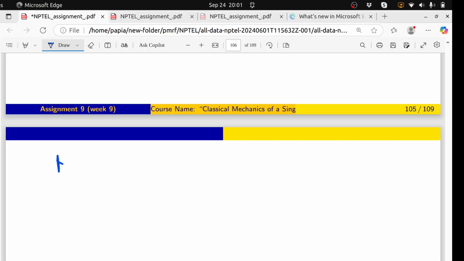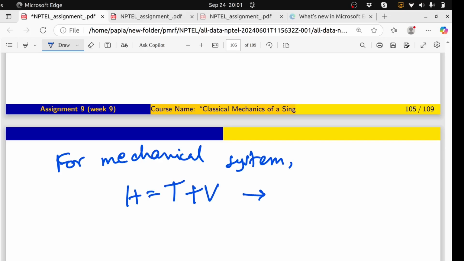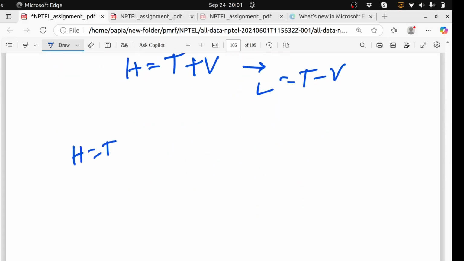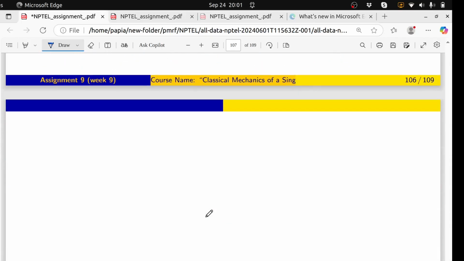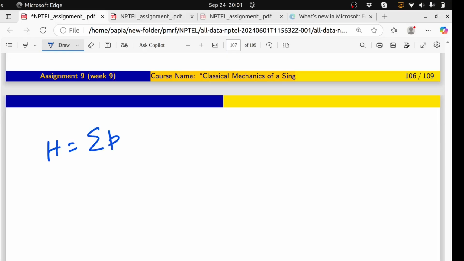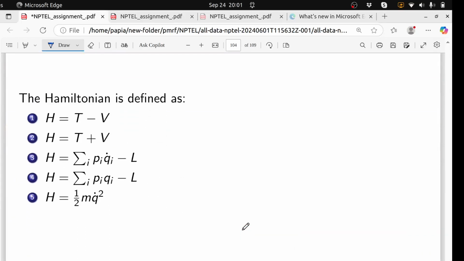Now for a mechanical system, our H will be T plus V, because we have seen that our L was T minus V, and for the mechanical system we are getting that H is equal to T plus V. So the correct answer for this question will be H equals summation p_i q_i dot minus L and H equals T plus V. So the answer will be this as well as this. This is for a mechanical system.